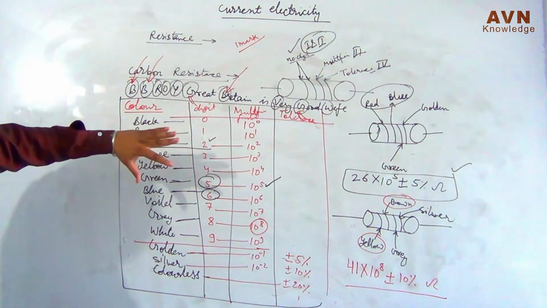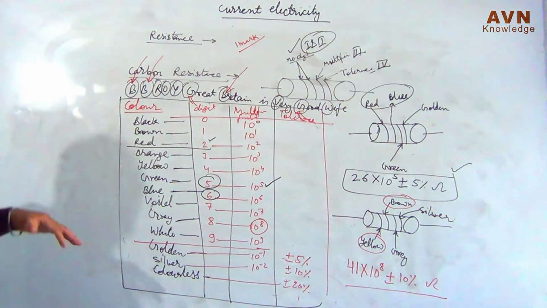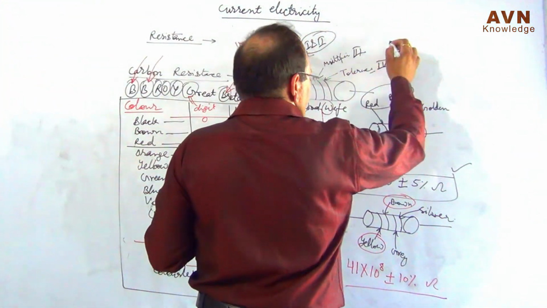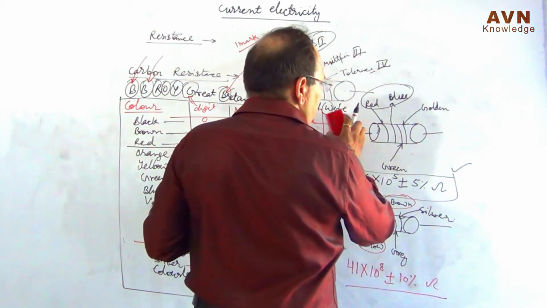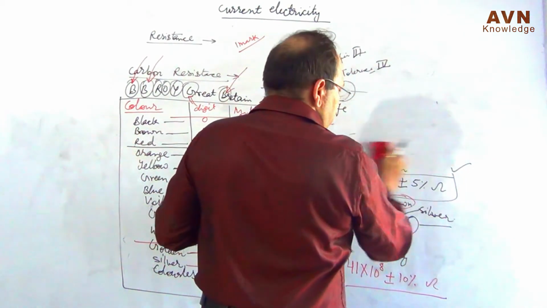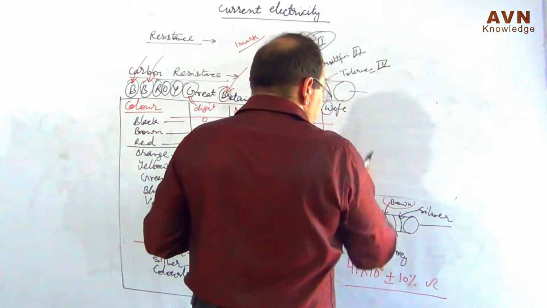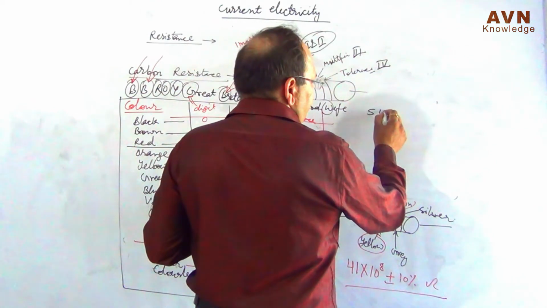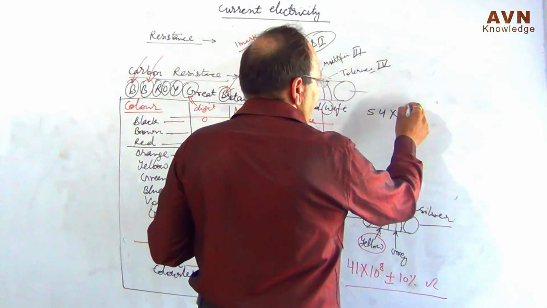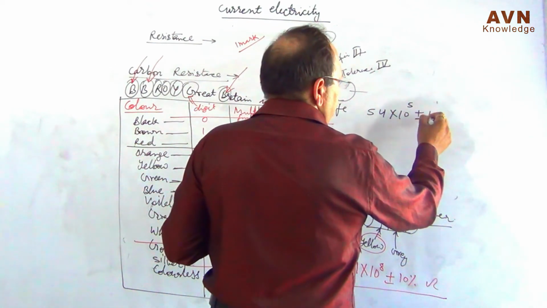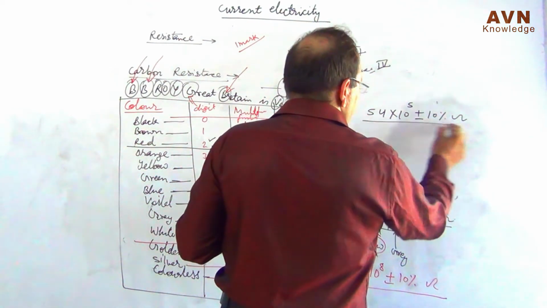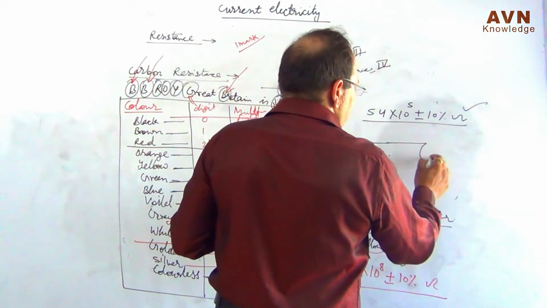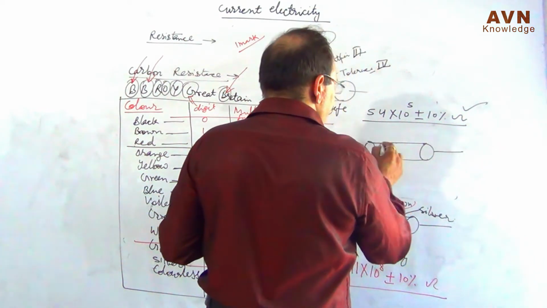This question is also asked inversely. Inversely means if a question is given as 54 into 10 raised to the power 5 plus minus 10% ohm, you have to calculate the color strips in this format.